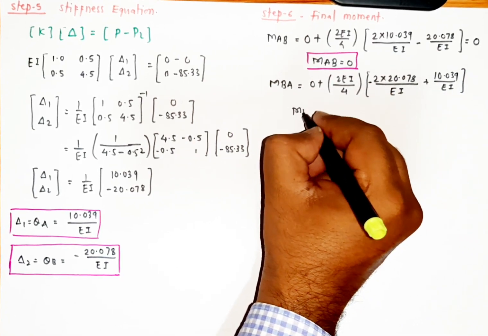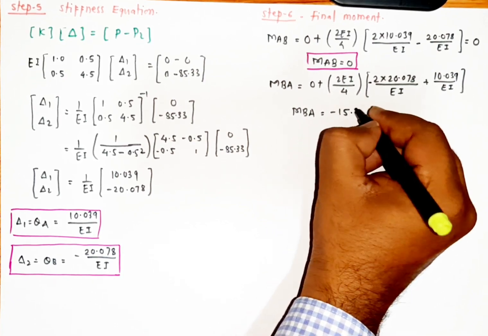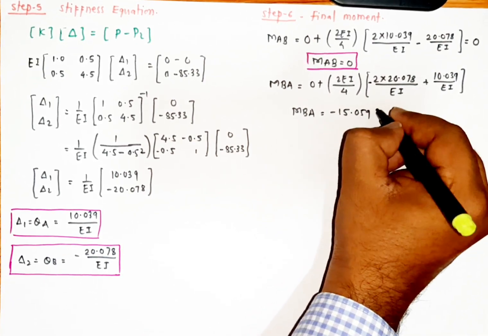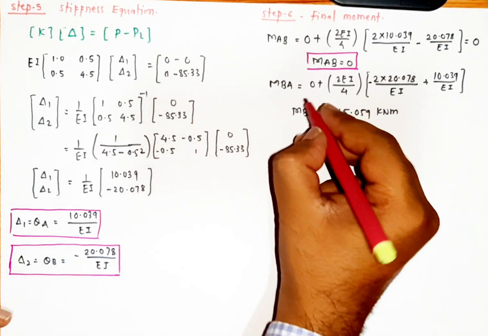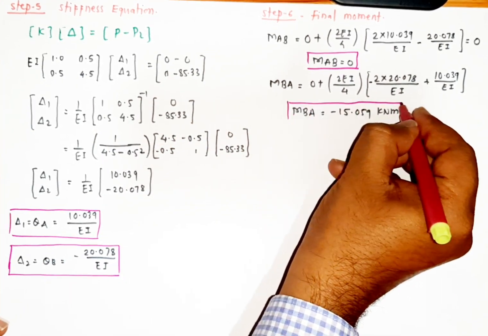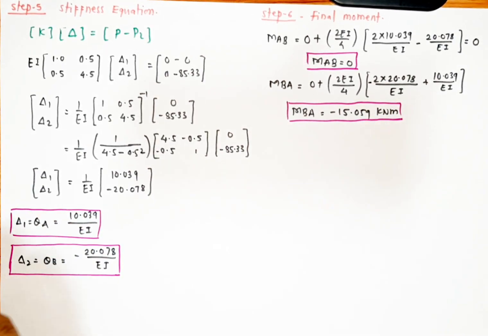That's why MBA is equal to minus 15.059 kilonewton meter. So this is the value for MBA.